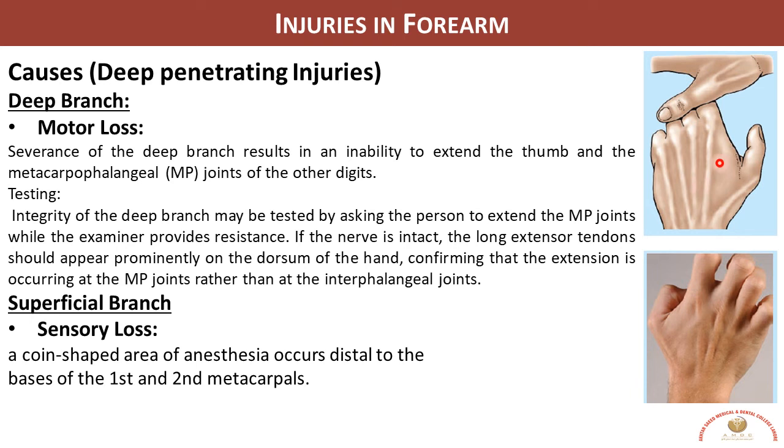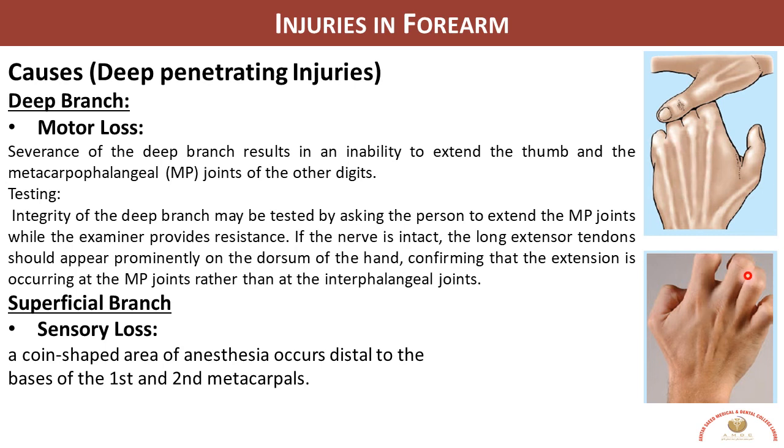So how do we test this? We ask the patient to extend the metacarpophalangeal joints while we provide resistance over here. We provide resistance at this point and tell the patient to extend the fingers. If the nerve is intact, the long extensor tendons should appear promptly on the dorsum of the hand.